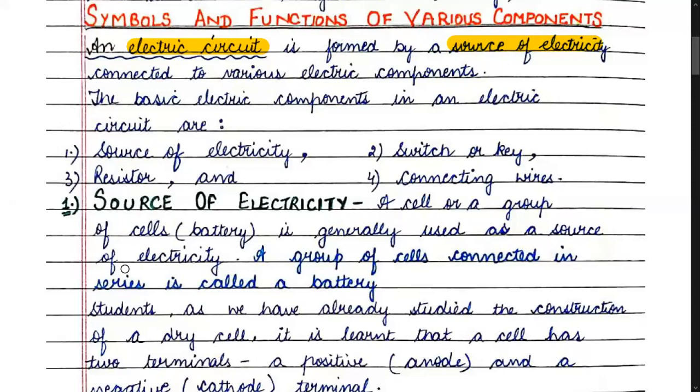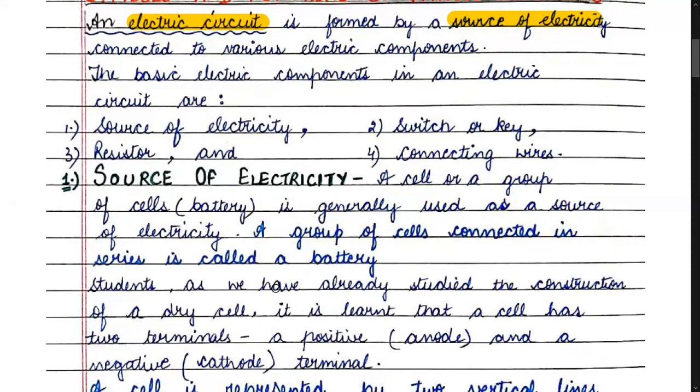electric components. The basic electric components in an electric circuit are: firstly, we need a source of electricity. Secondly, we should have a switch or a key. Then we need a resistor.